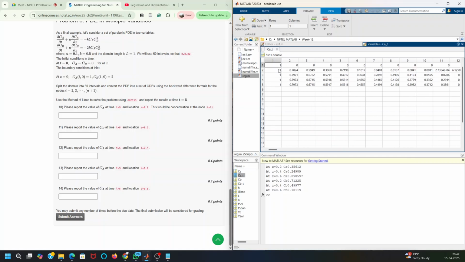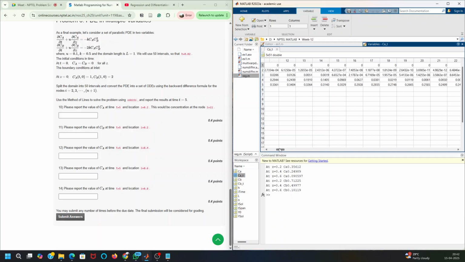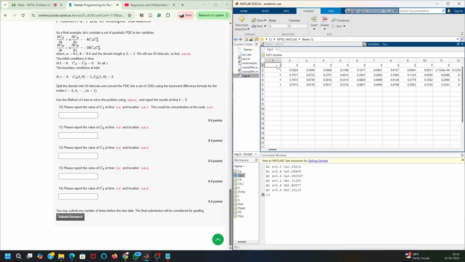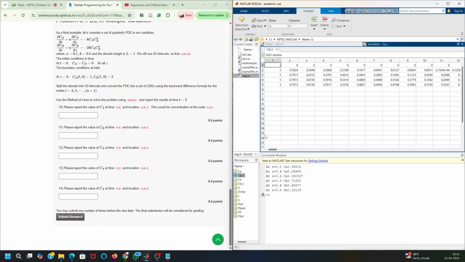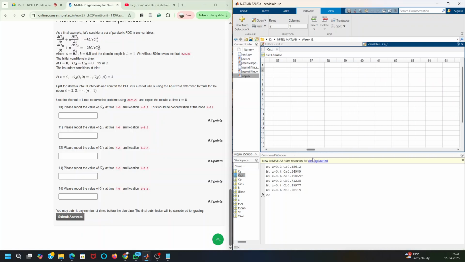Now you can see this is for each time. This is for t equals 0, these are all my CA values. And this is for time t equals 0, these are all my t.